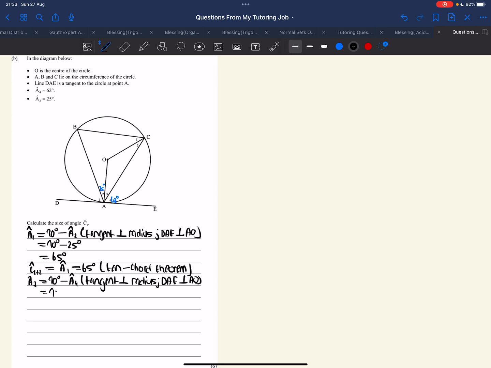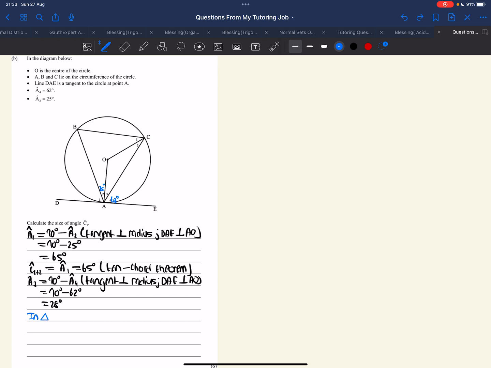Then I'm going to say 90 degrees minus 62 degrees, so it's 90 minus 62, which is 28 degrees.